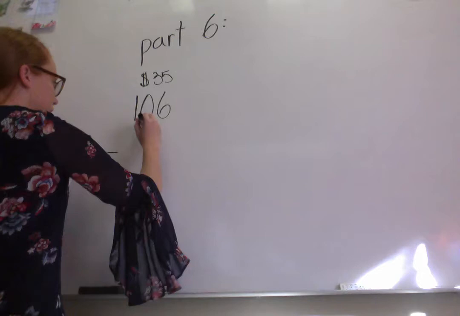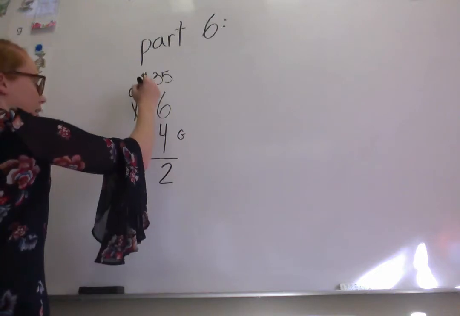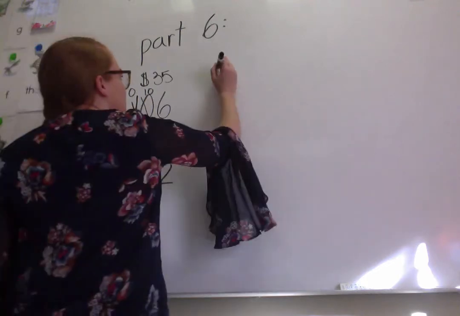The groceries are $54. The groceries are staying. So let's figure this out first. 6 minus 4 is 2. 0 minus 5, we cannot do that. Our 1 becomes a 0. Our 0 becomes a 10. 10 minus 5 is 5. So $52. After groceries, she had $52.